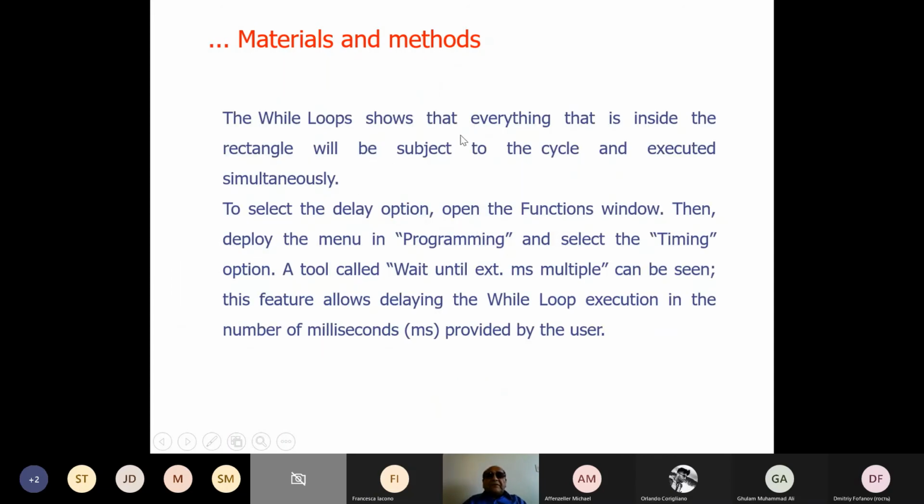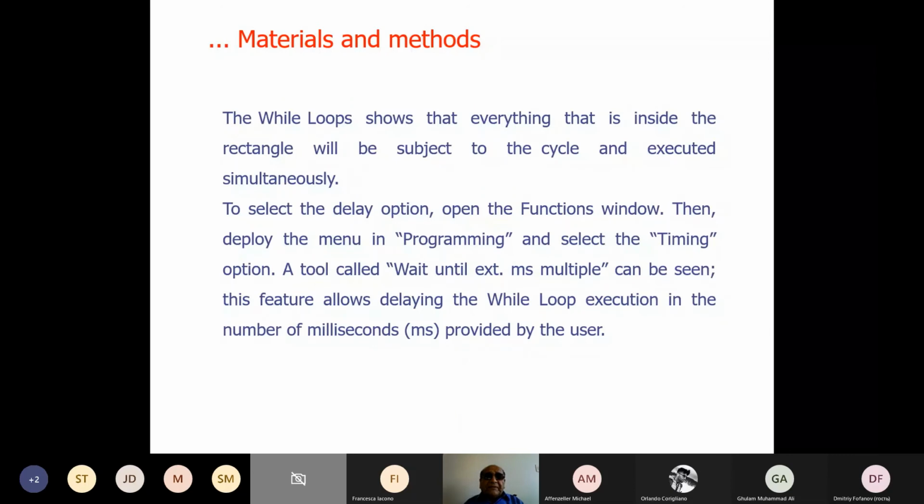The while loop shows that everything inside the rectangle will be subject to the cycle and executed simultaneously. To select the delay options, open the Functions window, then in the Programming menu select the Timing option.